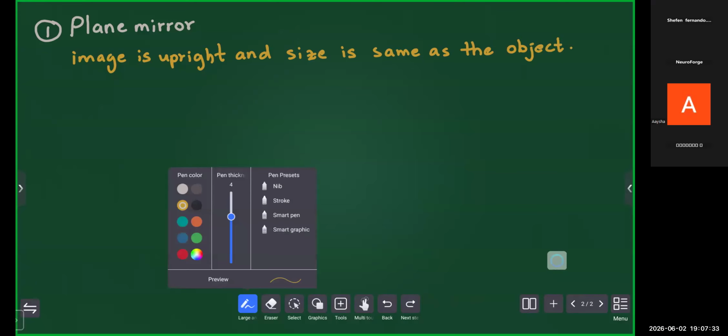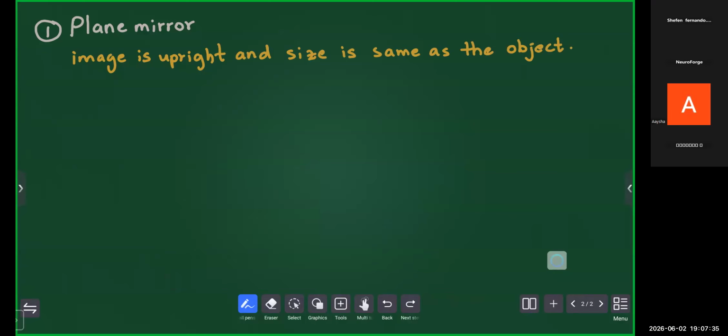Let me write down number 2, concave mirror.